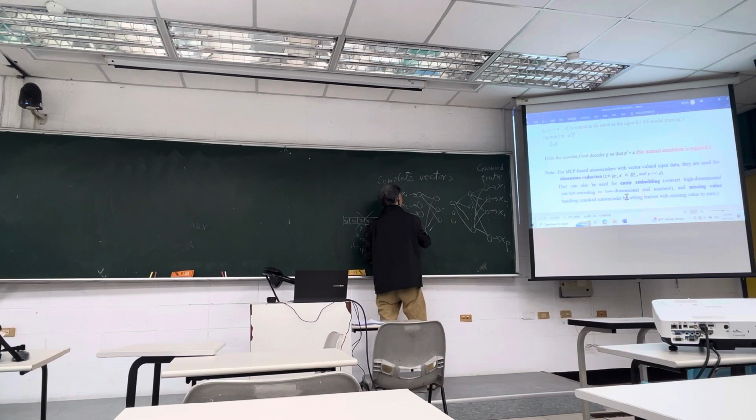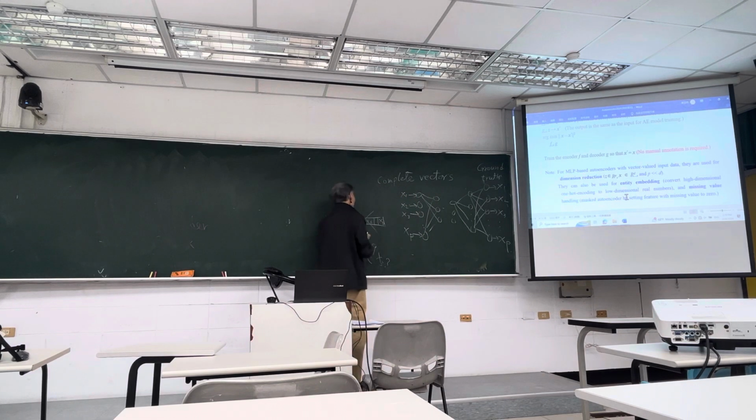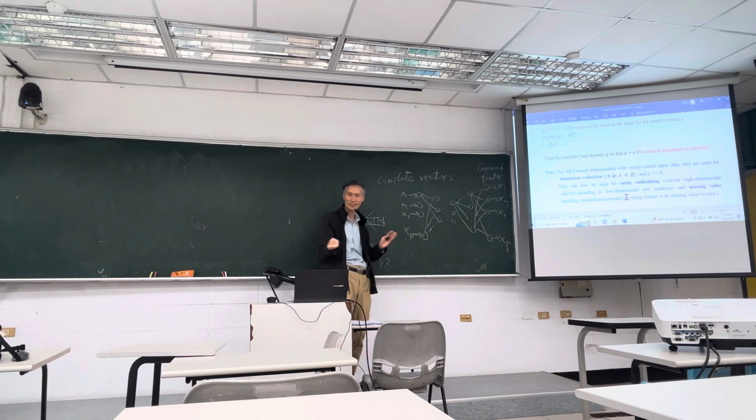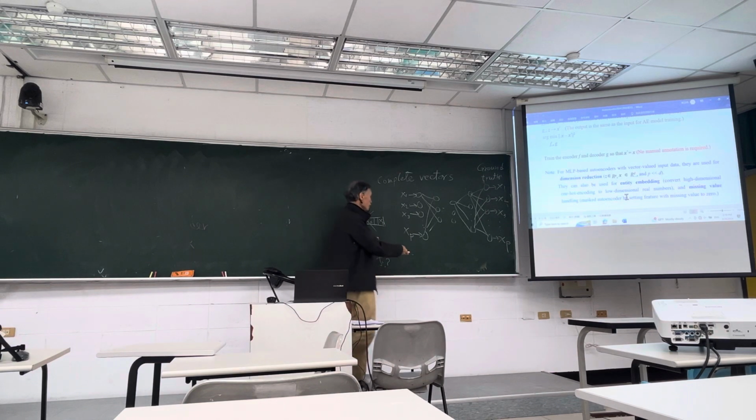Now, in case we lost most of the X3 feature, there could be edge cases. So in that case, what can you do here? We assign it to be 0.